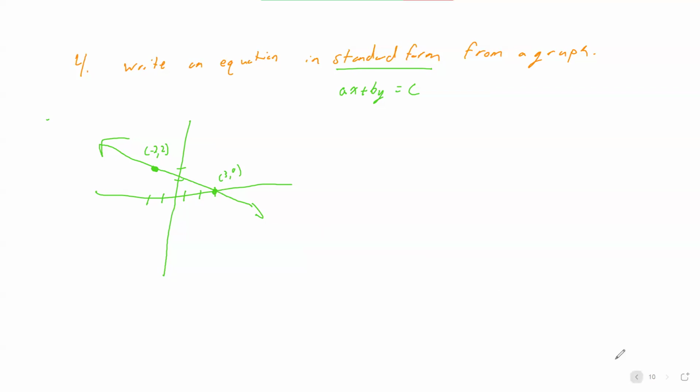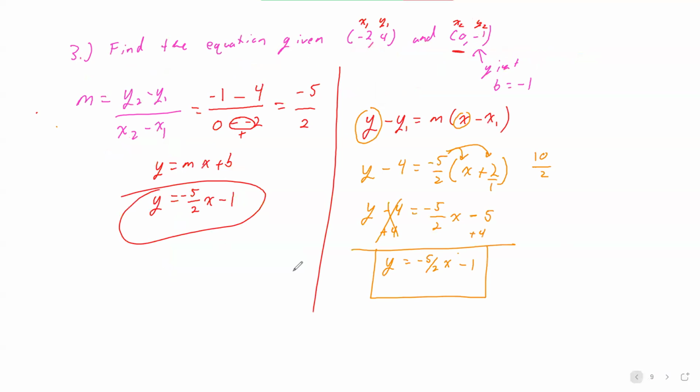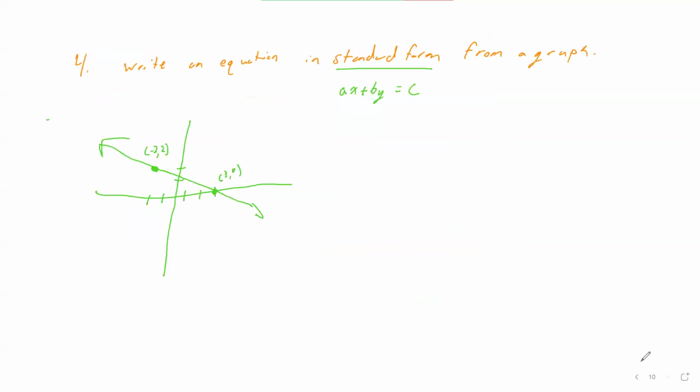But from here, we're pretty much doing this exact process, but given a graph versus given the points themselves. So given the graph, go find 2 good points and then do your work from there. So what's the first thing I need to do to be able to write the equation? Absolutely, yeah.